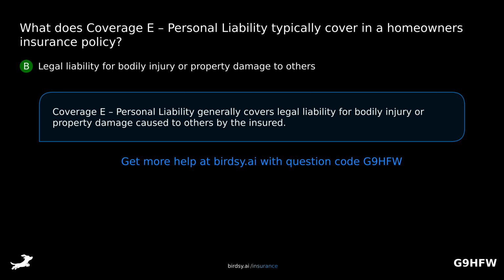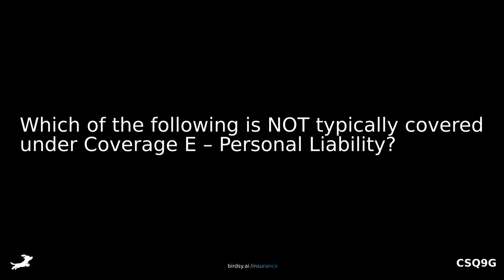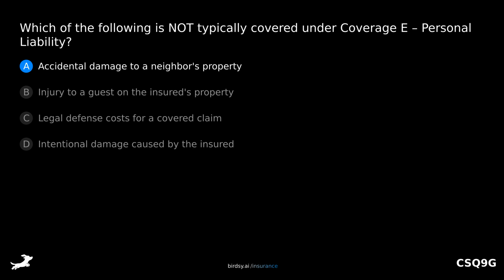Coverage E, personal liability, generally covers legal liability for bodily injury or property damage caused to others by the insured. Which of the following is not typically covered under coverage E, personal liability? Is it A, accidental damage to a neighbor's property? B, injury to a guest on the insured's property?